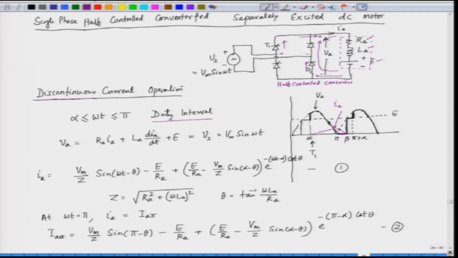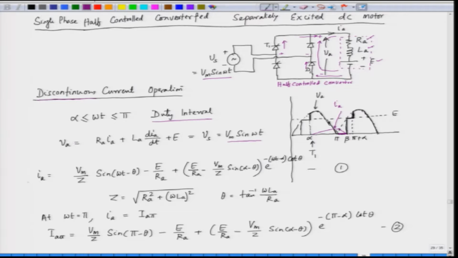The equation is: the armature voltage VA is equal to the resistance drop, the inductance drop and the back EMF, and that is equal to the supply voltage, Vm sin omega t, because the input is the AC supply. Now, this equation is a first order differential equation. We are familiar with this equation.